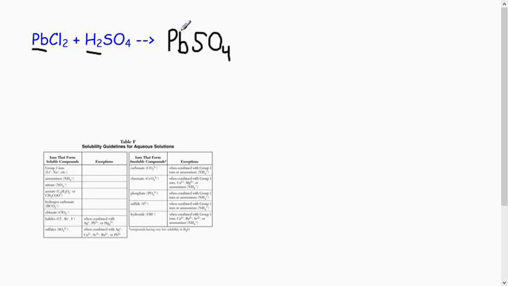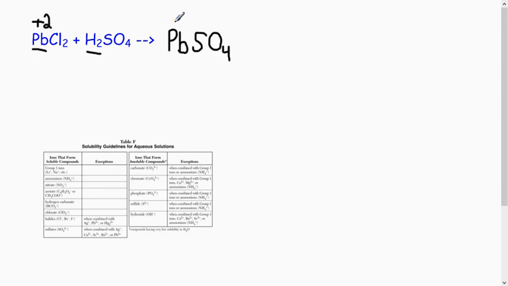Lead has a couple of possibilities, but remember the ion cannot switch charges from the left side to the right side. So if I look on the left side, I know that my chlorines have a -1 charge. There are 2 of them, so it's a total -2 charge, which means my lead must be a +2 charge.